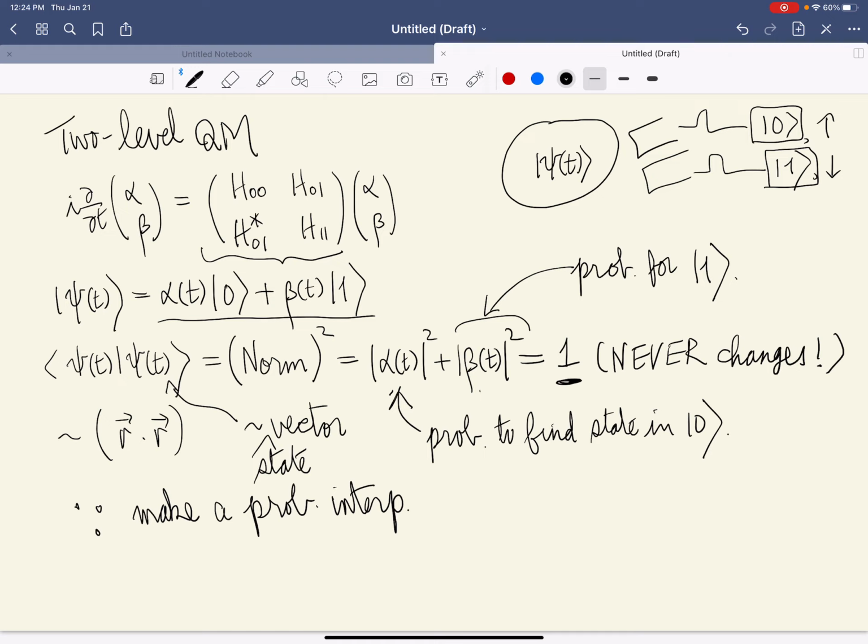Sometimes your apparatus will click, the sign that a spin up state has been measured. Sometimes your apparatus will click in a way that's consistent with the spin down state. And then you keep repeating that experiment hundreds or thousands of times and make a histogram of your measurement data.